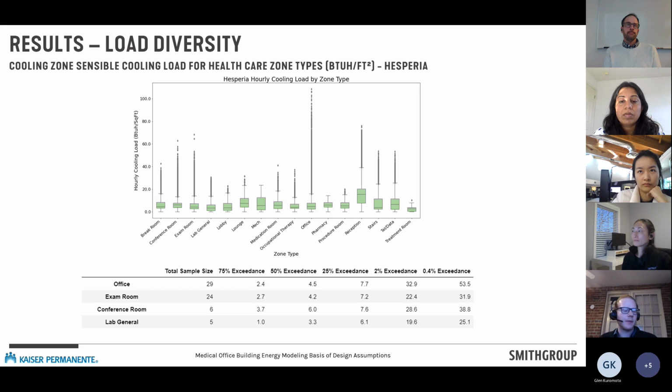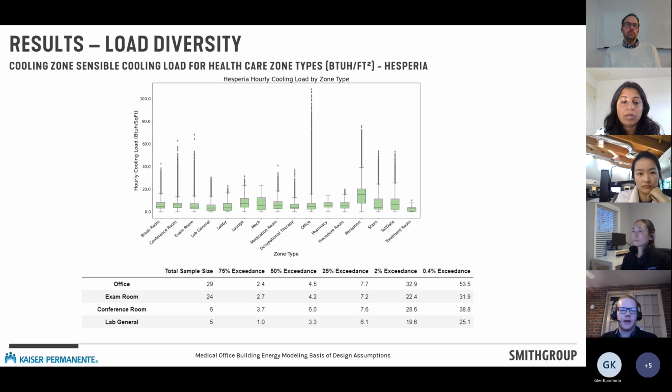And so as Harshana mentioned, one of our assumptions was that office zones and exam rooms performed similarly. And this is the basis for that. If we look at the first 3 or 4 values, so without all of the extremes, most of the time the offices and exam rooms are closely following each other in performance and sensible cooling load.